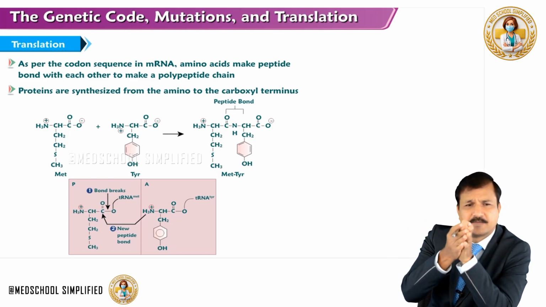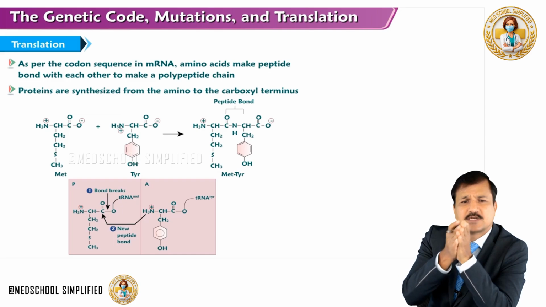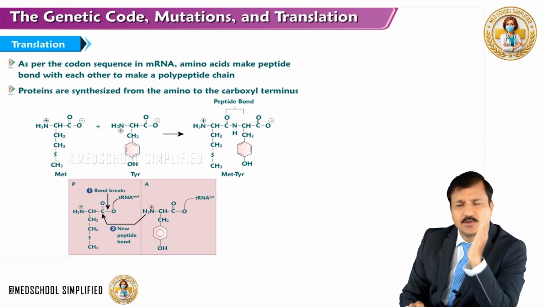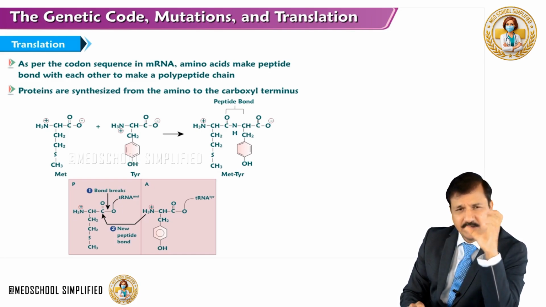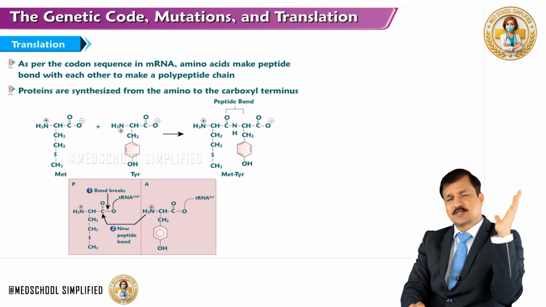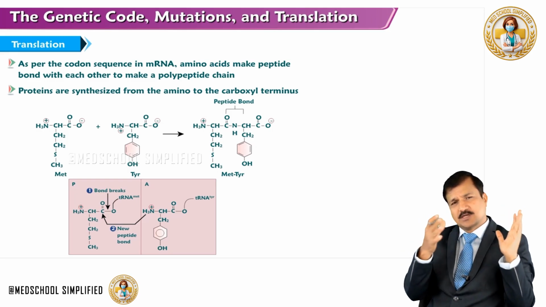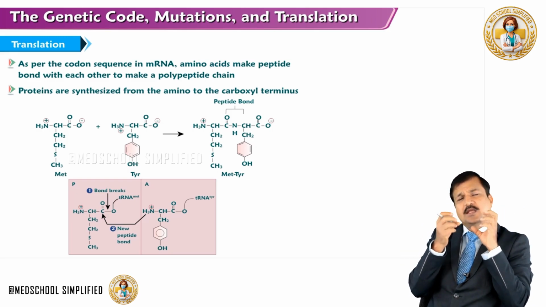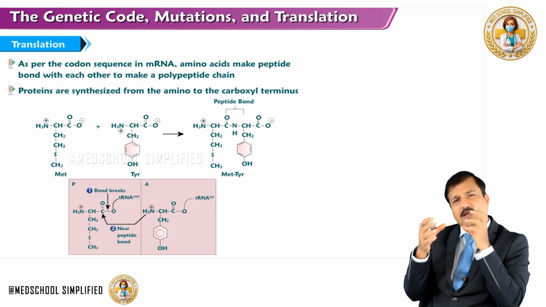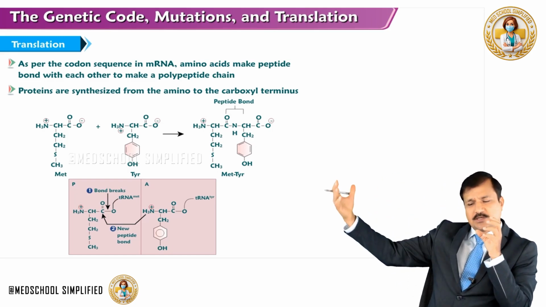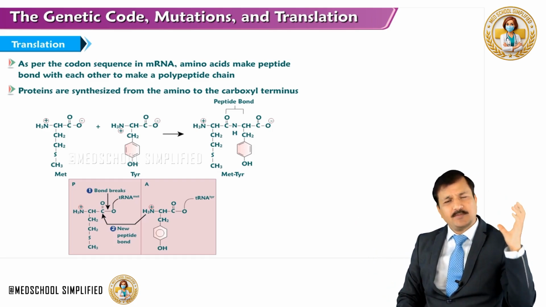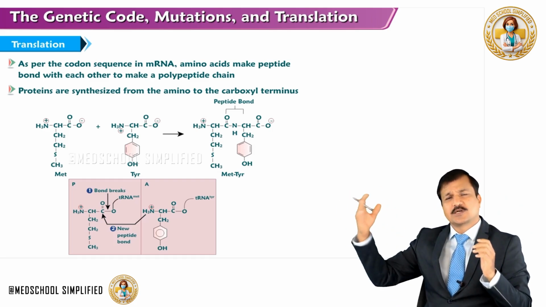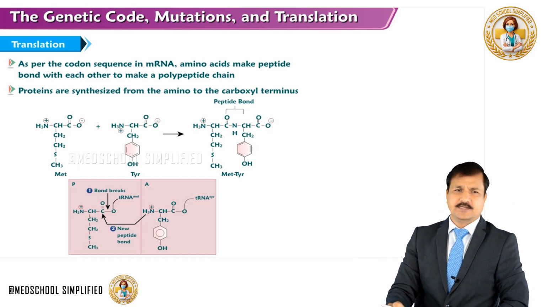Proteins are synthesized from the amino to the carboxy terminus, because in methionine here, the amino group is on the left side, and all the other amino acids coming in make the peptide bond with their amino groups and have their carboxyl group on the right side. As this process goes on, there will be an amino group on the left side and a carboxyl group on the right side.